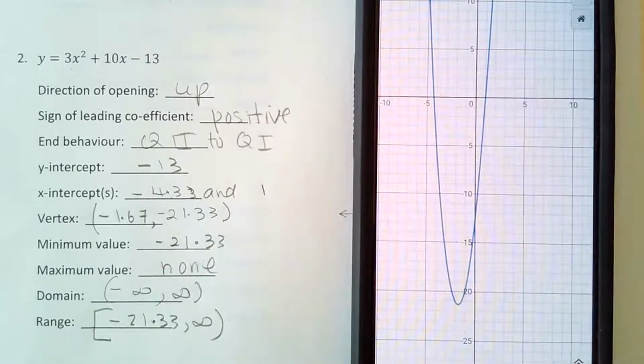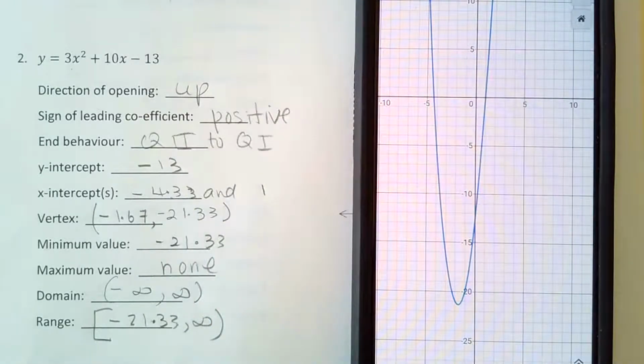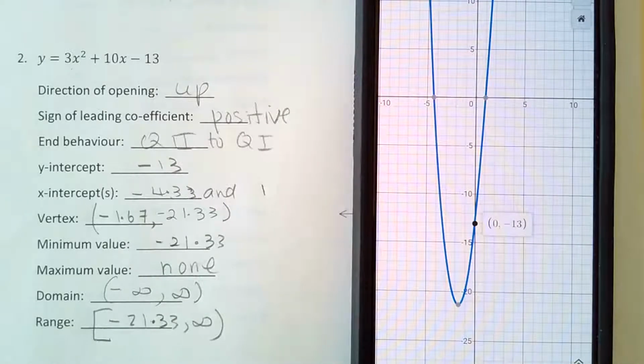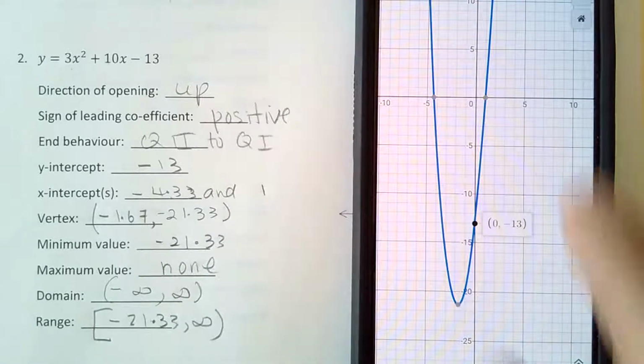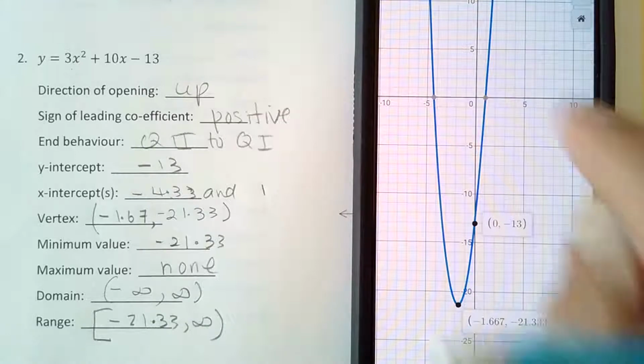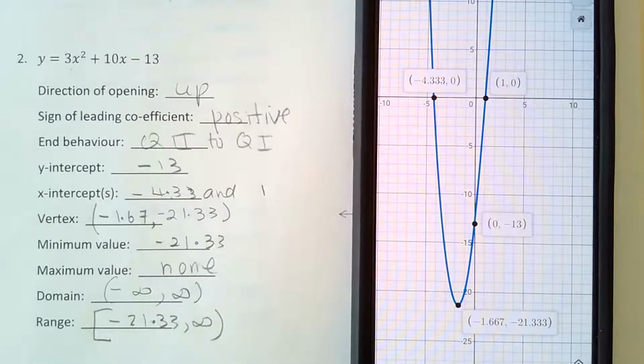You can see it's going up, positive, quadrant 2 to 1. For the y-intercept, you tap where it intercepts the y-axis, negative 13. Your vertex is negative 1.67, negative 21.33, and you can tap the x-intercepts too. With Desmos, it's quite straightforward, just tapping to find your intercepts and vertex.